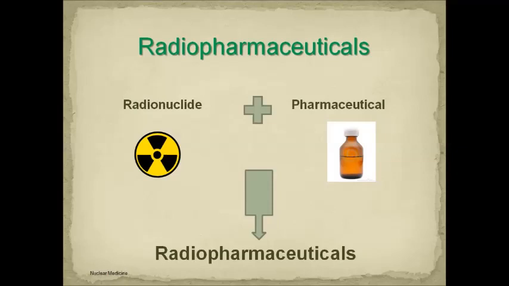So pharmaceuticals will deliver the radionuclide isotope to the zones you need, and will keep it in these specific areas. After that, the radionuclide will continue to emit gamma rays, for example, and these gamma rays may be detected by the scanner.